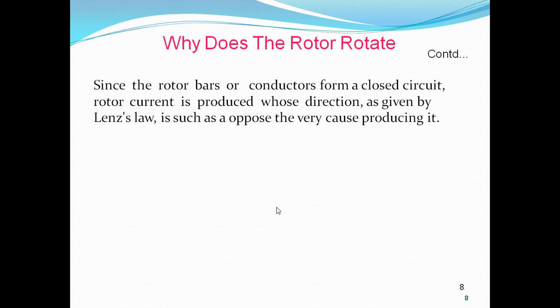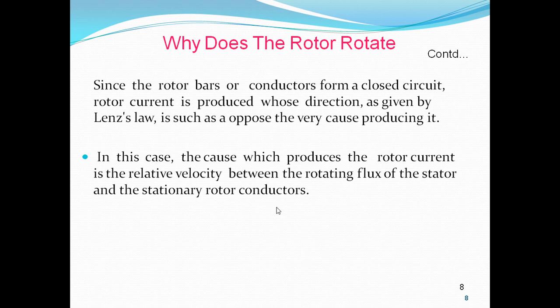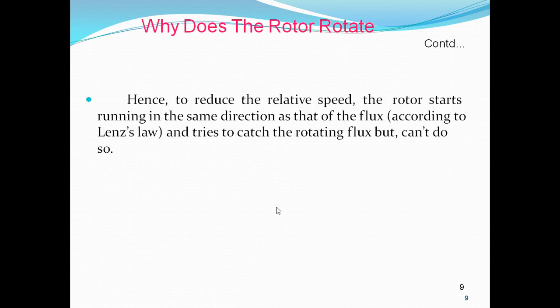Since the rotor bars and conductors form a closed circuit, a rotor current is produced whose direction is given by Lenz's law, and is such as to oppose the cause producing it. In this case, the cause producing the rotor current is the relative velocity between the rotating flux of the stator and the stationary rotor conductors.